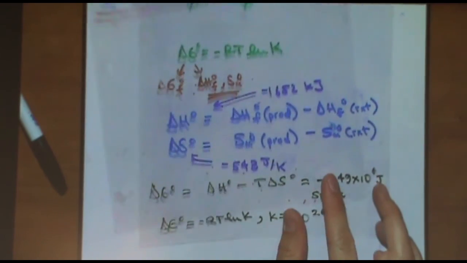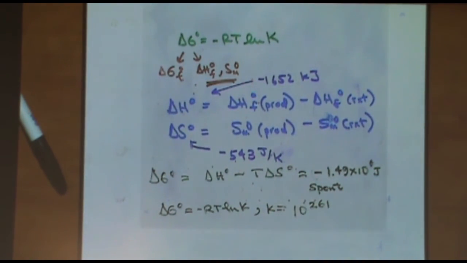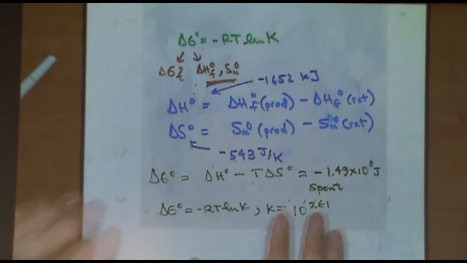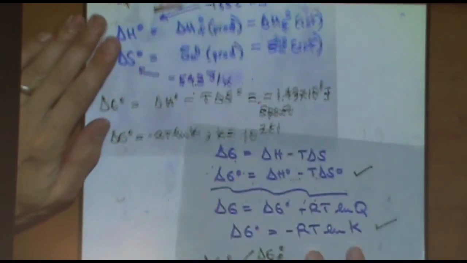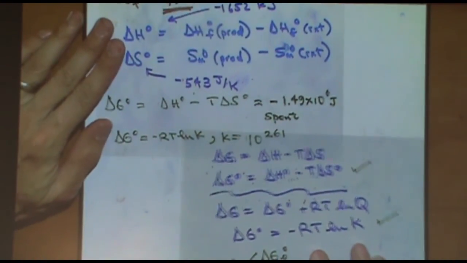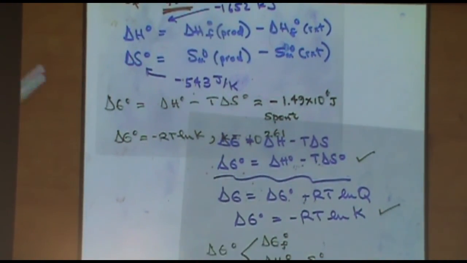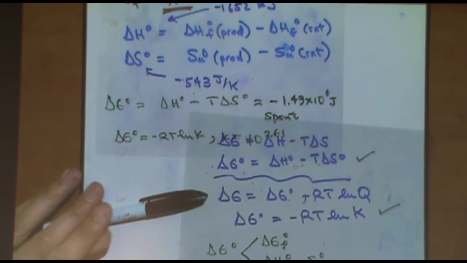Okay. So make sure you can tell which side is favored, and whether the reaction is spontaneous or non-spontaneous. Make sure you can use all those equations that I wrote up earlier. I want to say something about this equation.